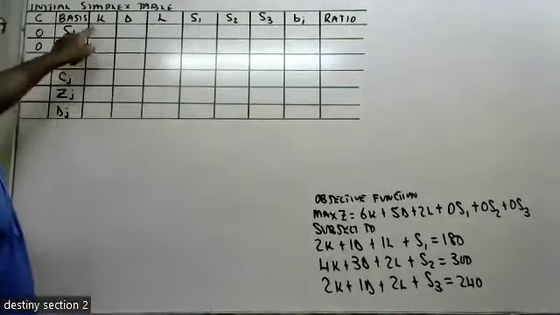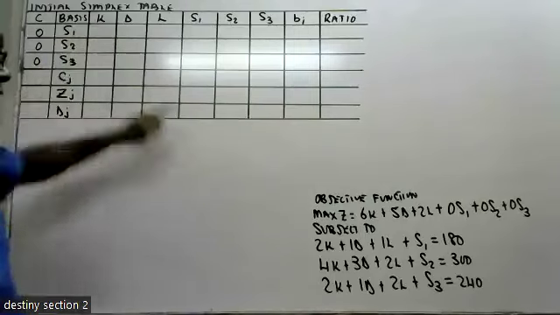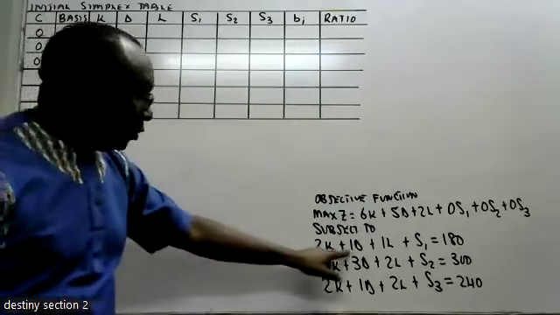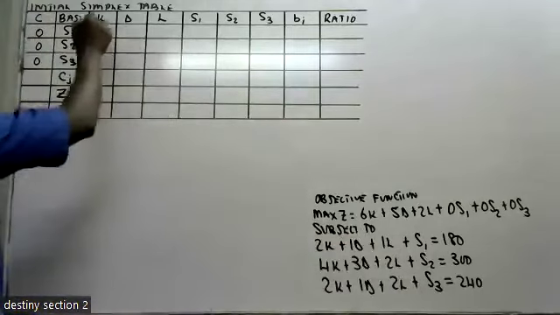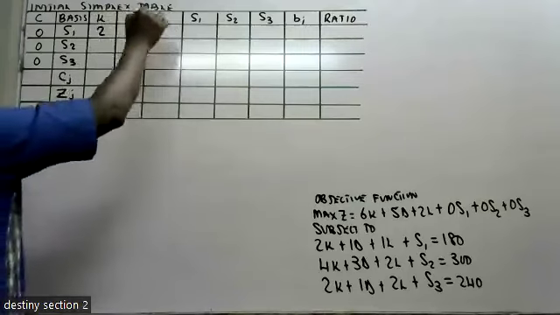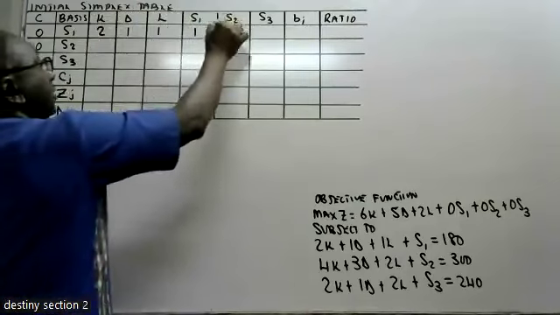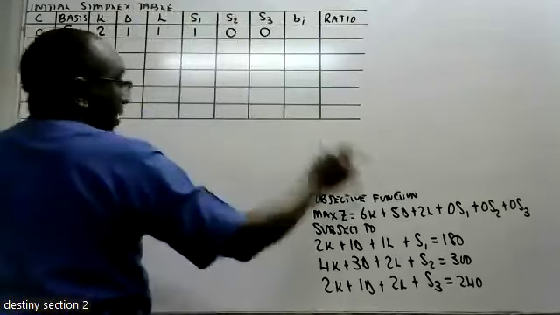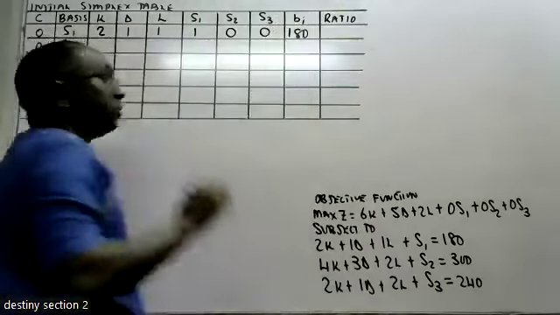Then, in these cells, we record these coefficients: 2, 1, 1, 1. So for K it is 2, D it is 1, L it is 1, S1 is 1, we don't have S2 there, we don't have S3 there, but the total is 180.